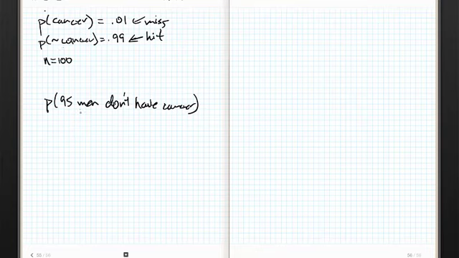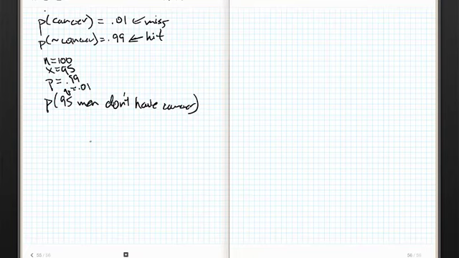I'm finding the probability that 95 men don't have cancer. So I know if n is 100, x equals 95. I know that P, which is my hit, which means doesn't have cancer, is 0.99. And I know that Q is 0.01.